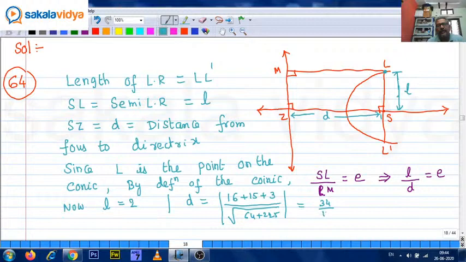Square root of 289 is 17, so D is 2. Now find L by D: L is 2, D is 2, so it is 1. That means eccentricity is 1. Since E equals 1, the conic is a parabola.